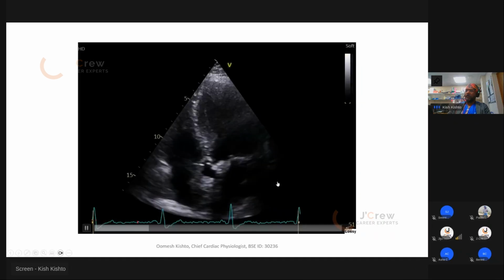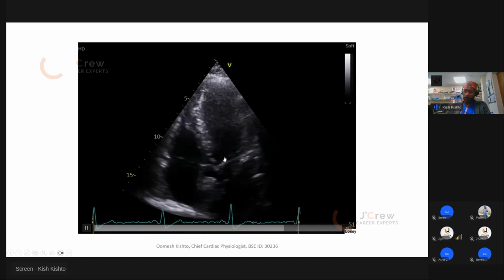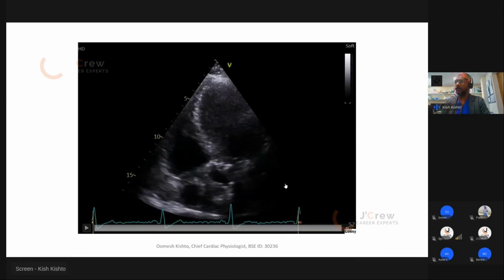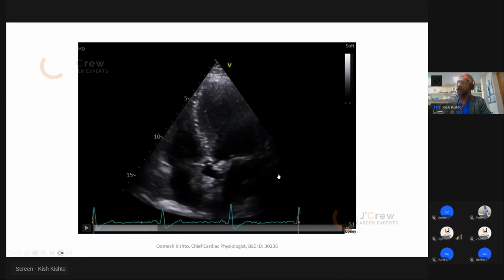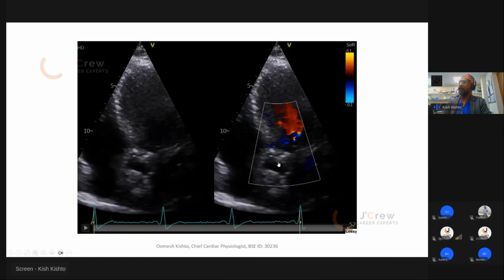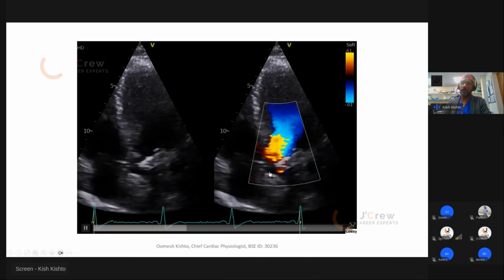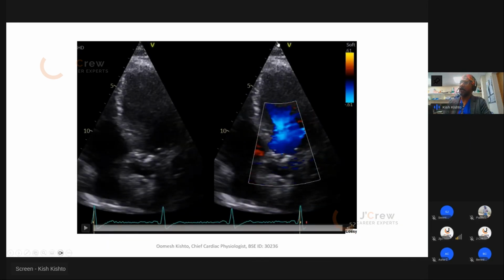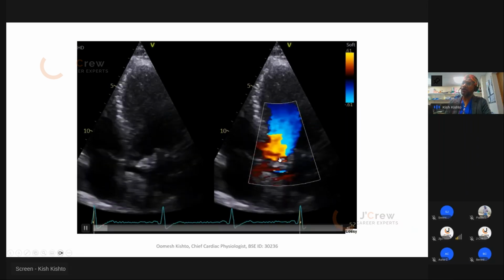and now we are going to look at our aortic valve. So apical five-chamber view, and then color. You can see that tiny smidge of AR there, and then again, you will see my image is nicely perpendicular to my probe.